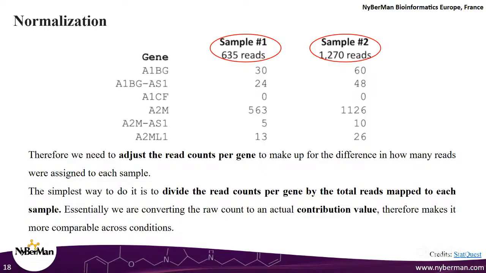And this calculation of contribution values is known as normalization. The technical term for this contribution value in this scenario is normalized counts. So these are your raw counts, 30 and 60. When you divide 30 by 635 and 60 by 1270, you get the contribution value or the normalized counts.